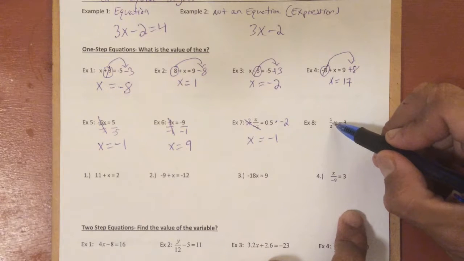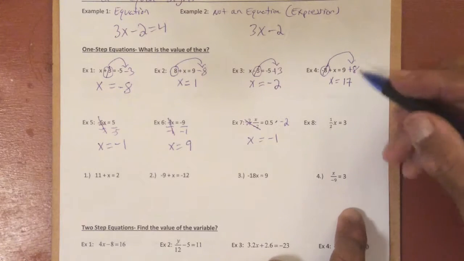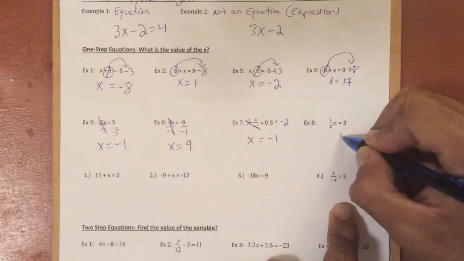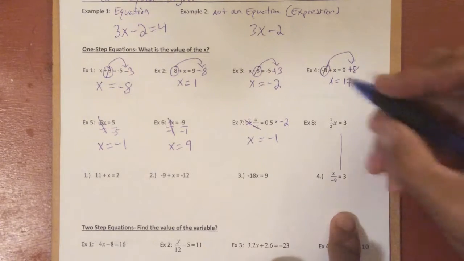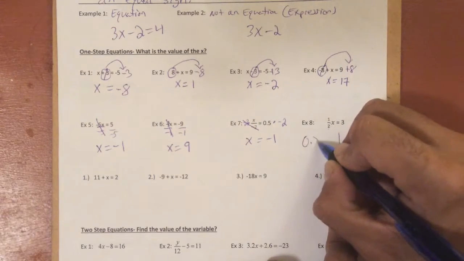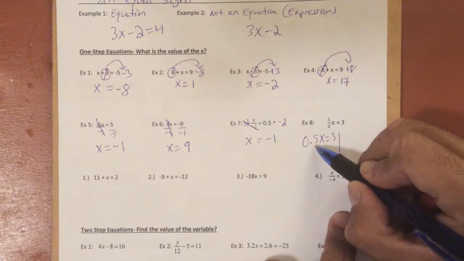Now, let's start by doing the first way and converting this 1/2 into a decimal. So 1/2 as a decimal is 0.5x equals 3. Now the 1/2 became 0.5.